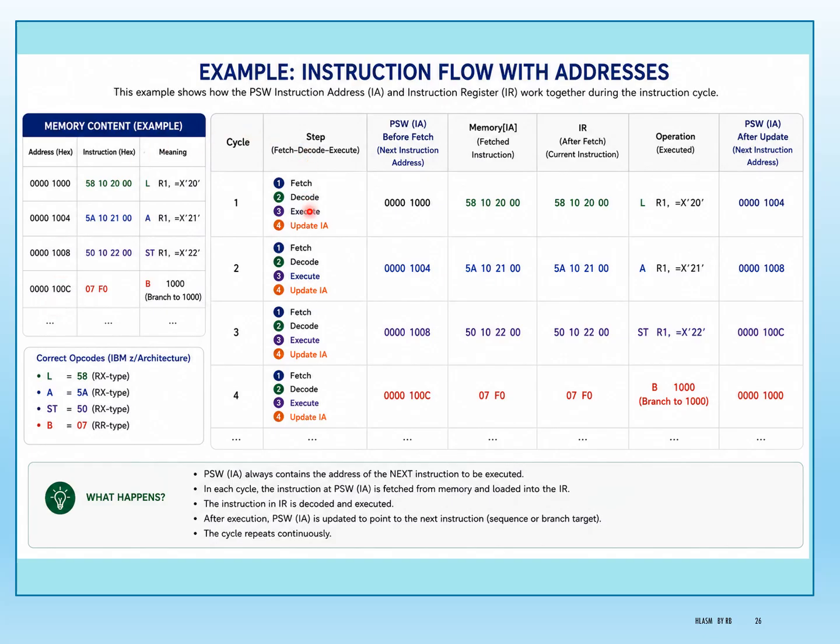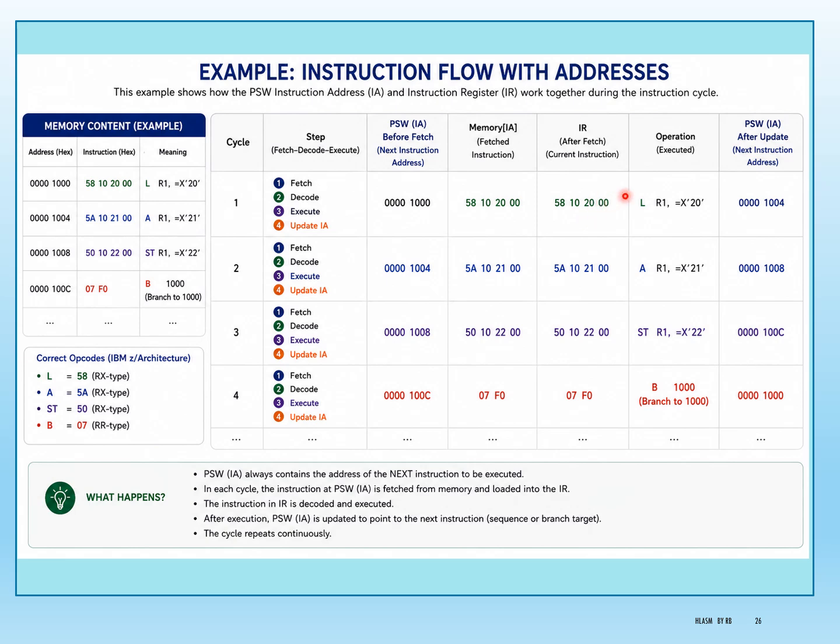So what is happening is that first you will do a fetch. In the PSW, the very first instruction address is there. If you look at this, 1000 is the address. Once you fetch it, what is getting loaded is this 58102000. This is the actual instruction. This is the address of the instruction which you are seeing here, and this actual instruction got fetched from there. It moved into IR, the instruction register.